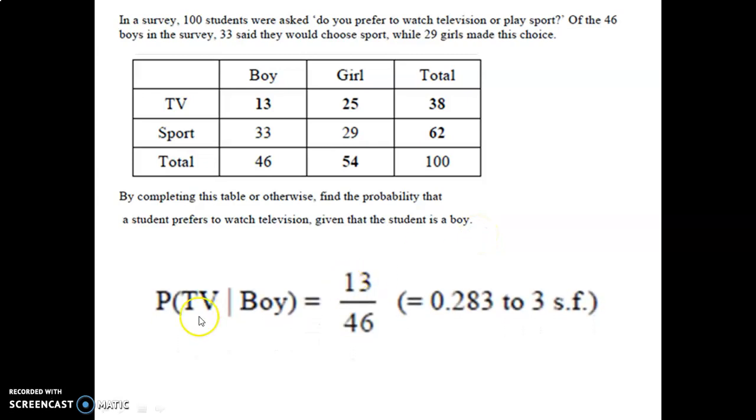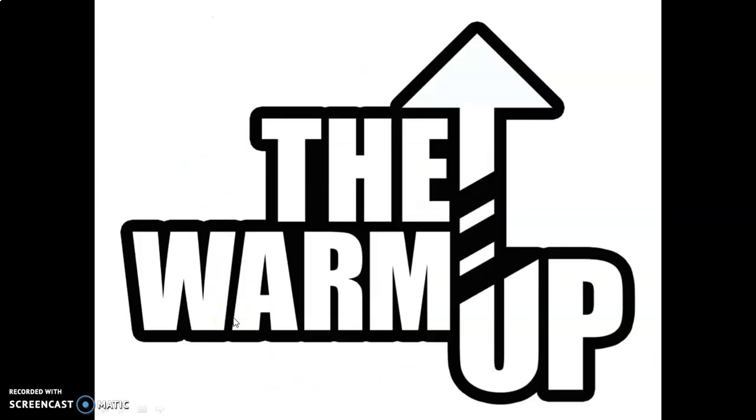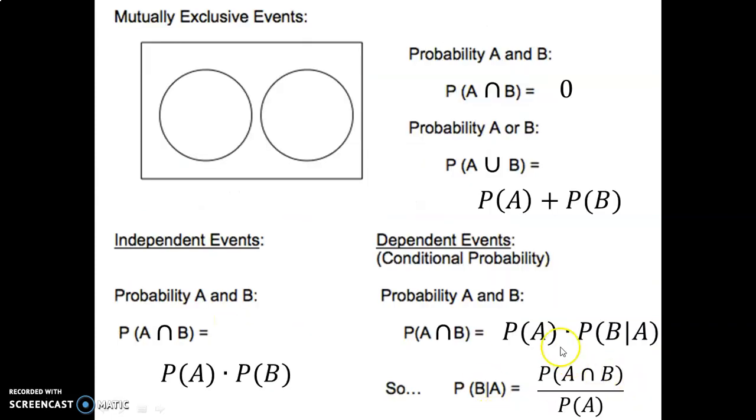So to do that, we can write it like this: probability of watching television, given that it is a boy. From the table, basically that's saying who prefers to watch TV out of the boy group. So here's TV watchers, 13 TV boy watchers out of the total boys. The other way to look at that is in terms of our formula for conditional probability, which tells us when we have a conditional statement like this, and again, that's this formula right here.